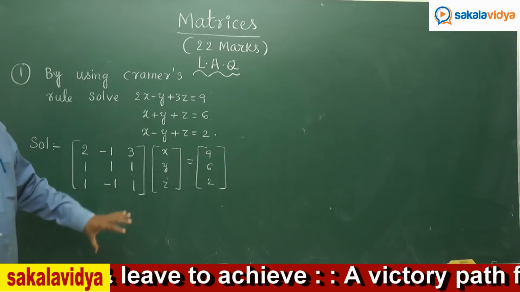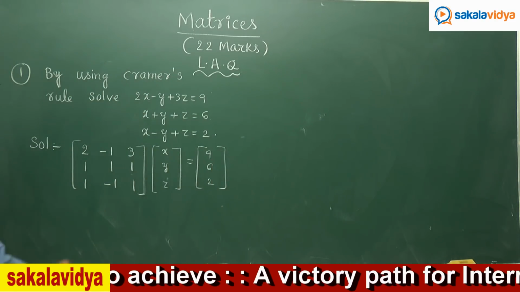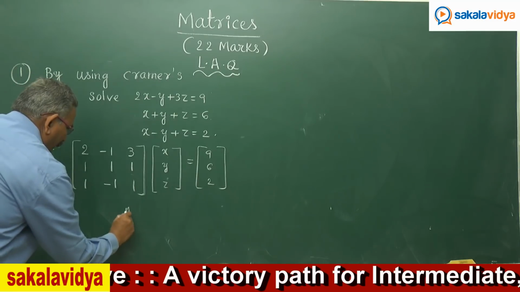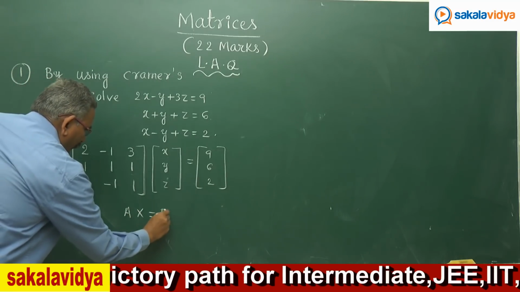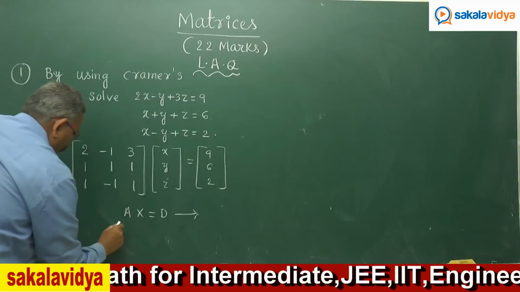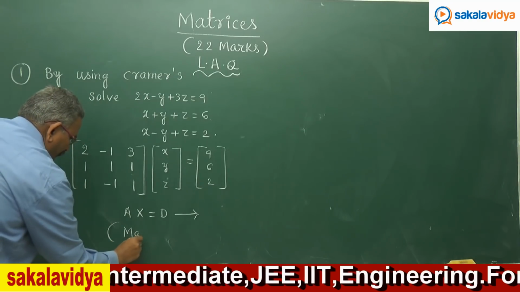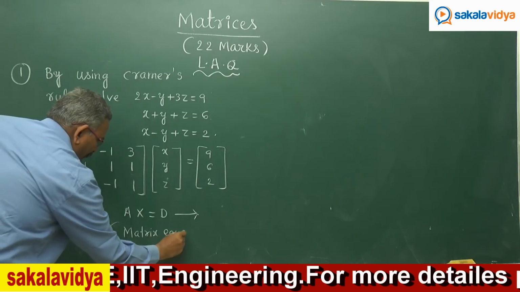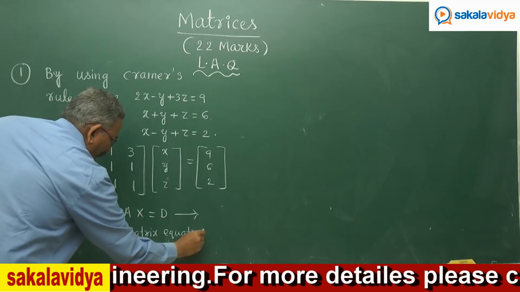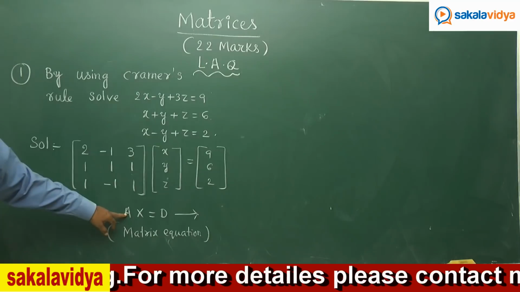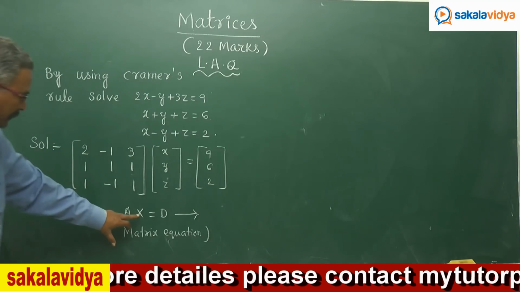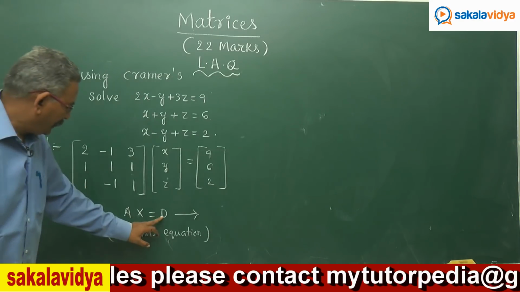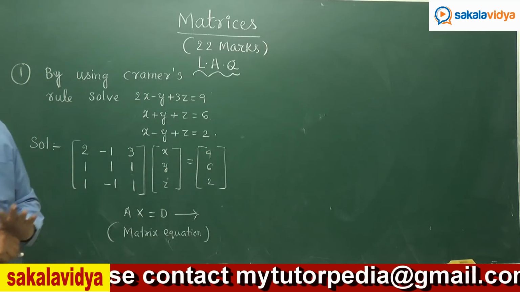This form is called the matrix equation. So, that means it will be in the form of AX is equal to D. Here A is called the coefficient matrix, X is called the variable matrix, D is called the constant matrix.